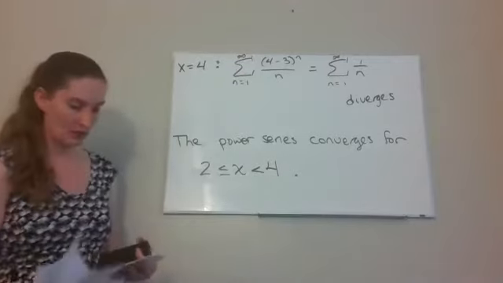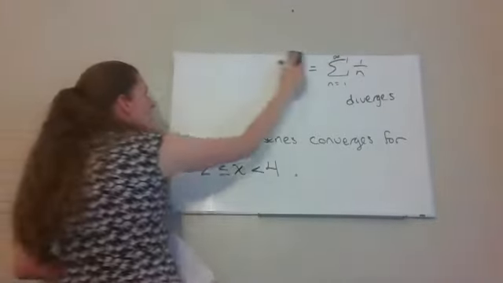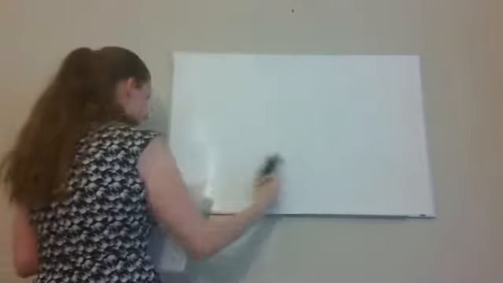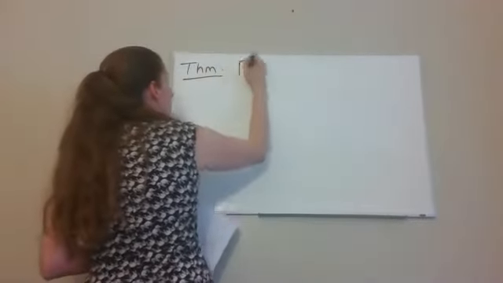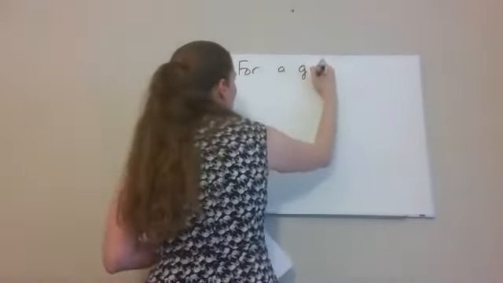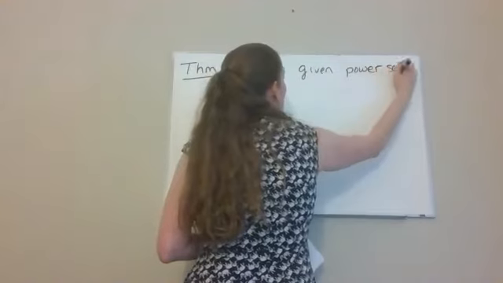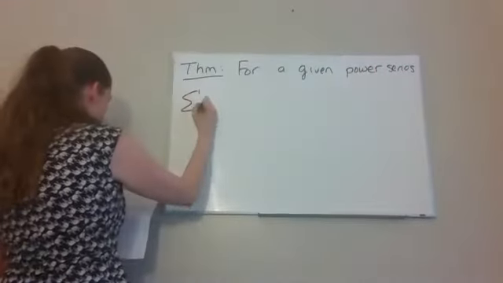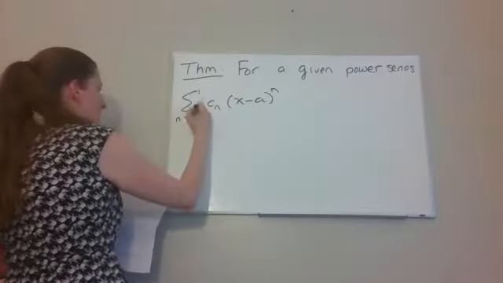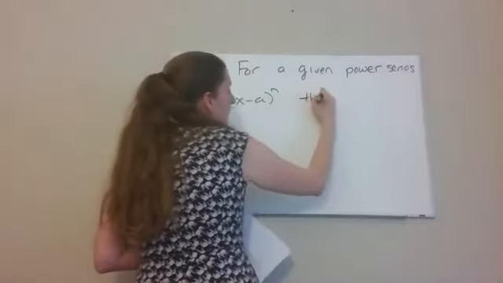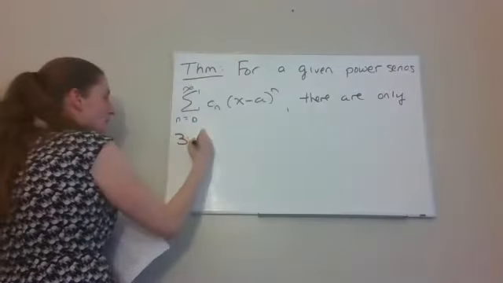All right, so that wasn't too bad. Now we have a theorem about when these power series converge or diverge. So for a given power series, the sum of c_n times (x minus a)^n, there are only 3 possibilities.